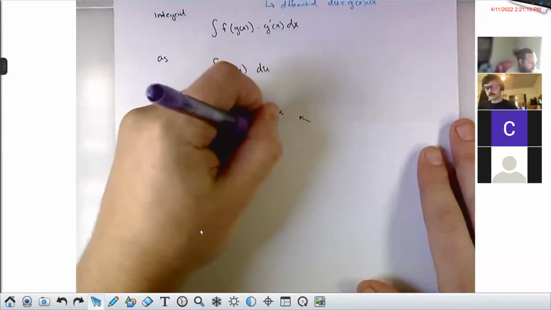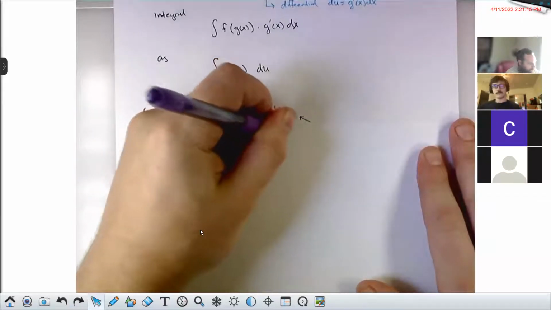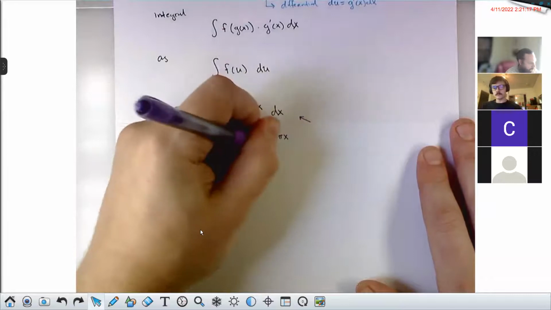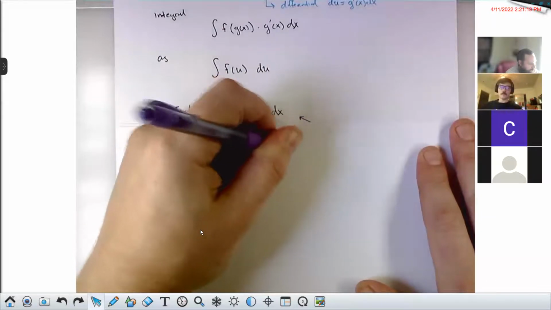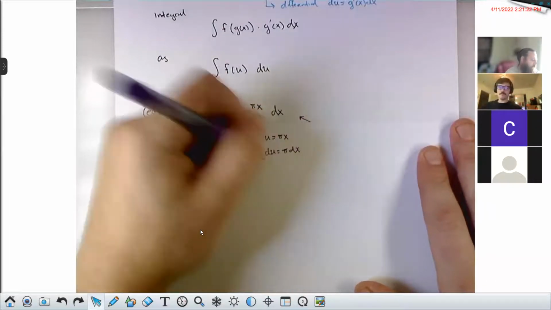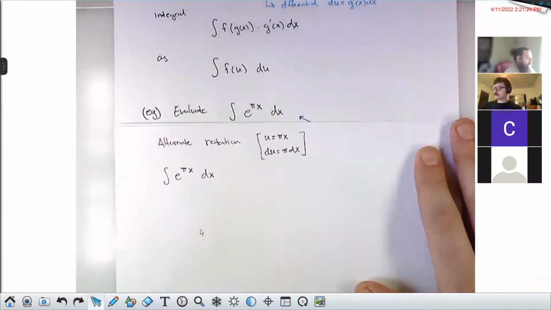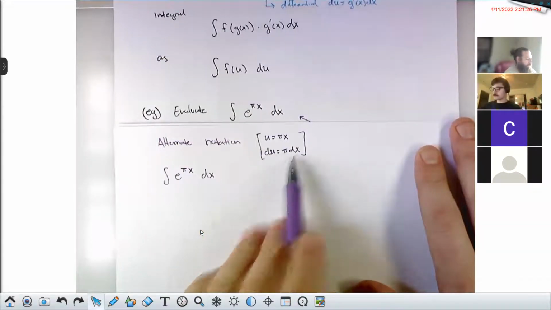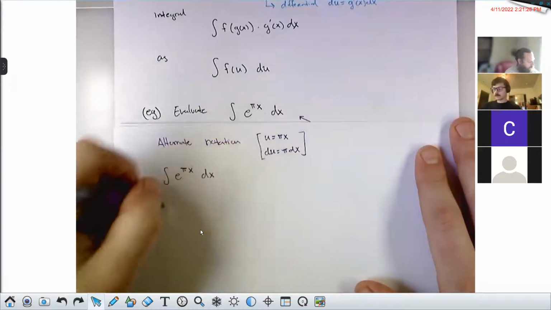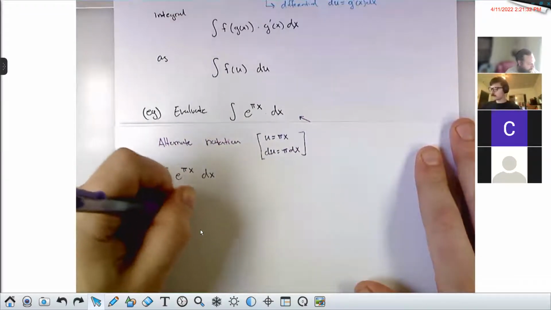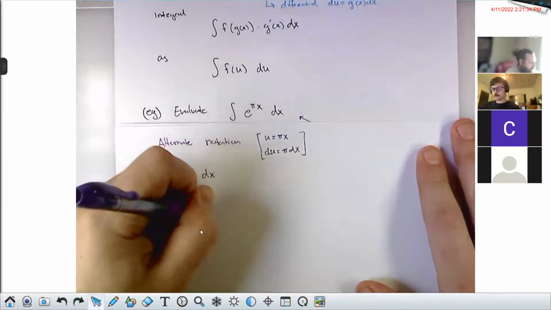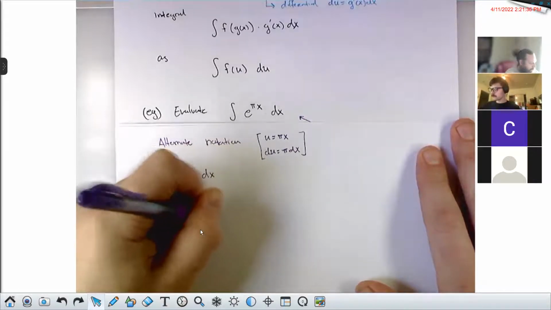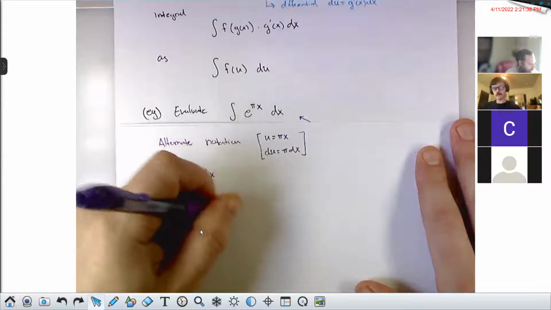So again, we're going to make the substitution u equals pi x. We're doing the same integral. Again, du is going to be pi dx. There's nothing I can do about that. But instead of solving this differential for dx and plugging in, what I can do is think of this as e to the pi x times 1 over pi times pi dx.